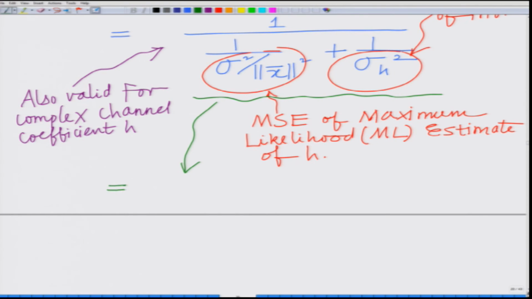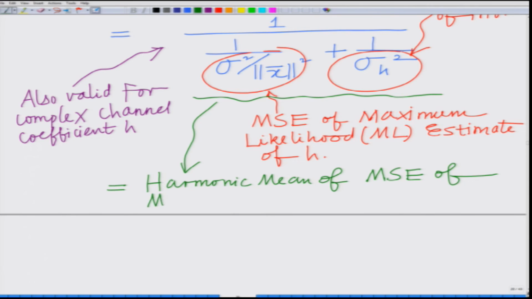this is equal to the harmonic mean of the MSE, mean squared error of the MLE, that is the ML estimate, comma, the prior variance.